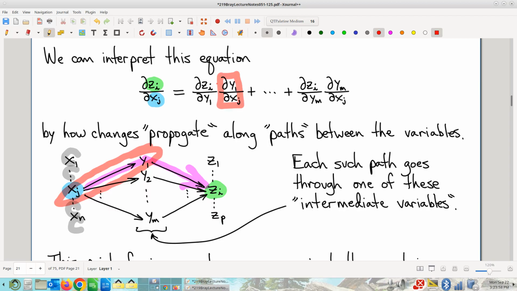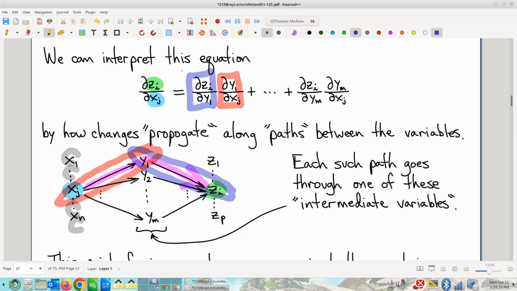Okay, well, that tells you how much y1 changes. But wait a second now. Per unit change in y1, how much does that contribute to the change in zi? Well, that's what this factor is. So multiplying these two partials together accounts for, as xj changes, those changes getting, in some sense, magnified by this red partial, that factor right there.